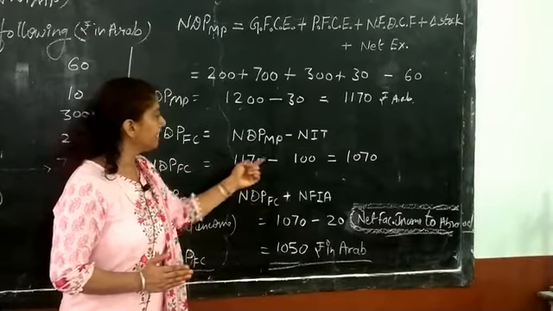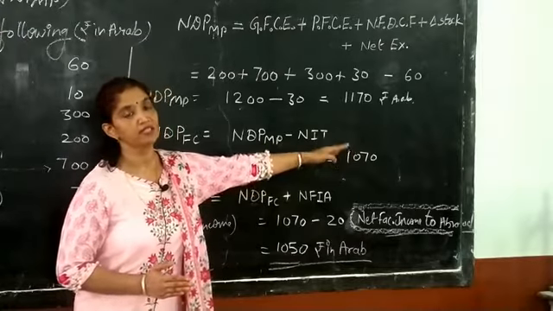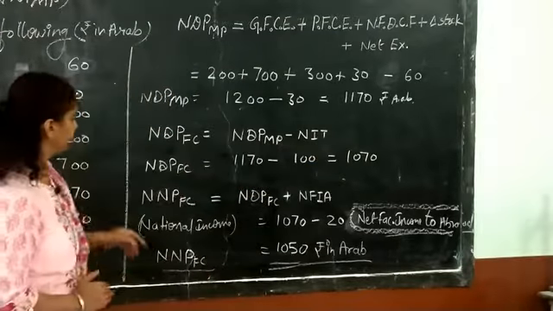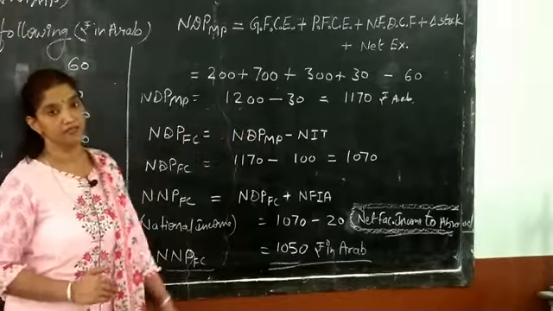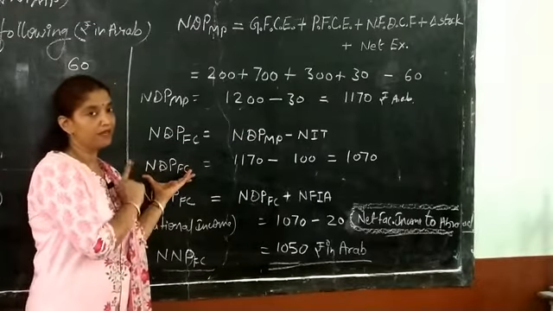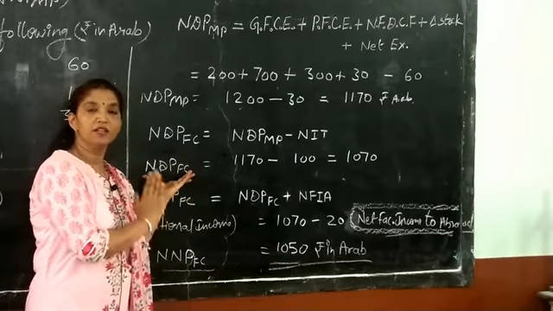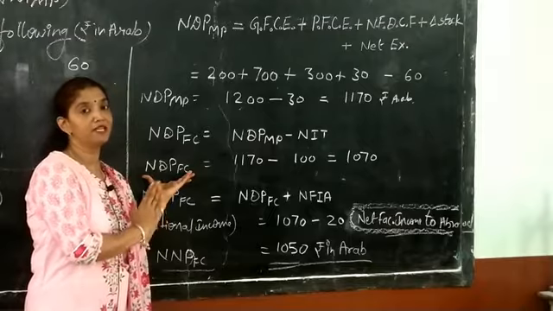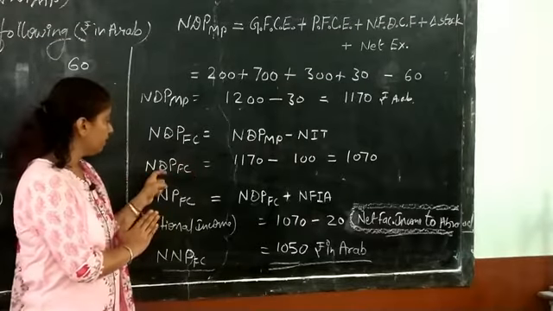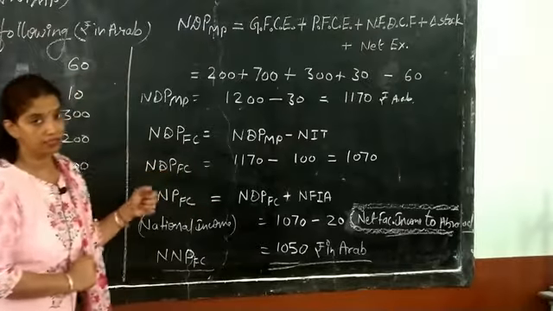So 1170 minus 100 is 1070 rupees in Arab. This is NDP at FC, which is known as domestic income. But in the question we are asked to calculate national income, and national income is NNP at FC. So now we will convert the domestic value into national income.